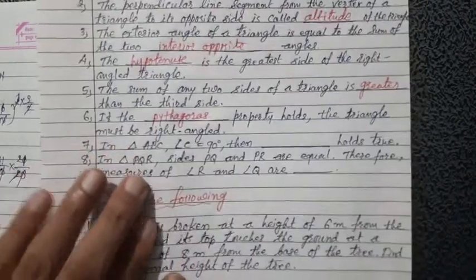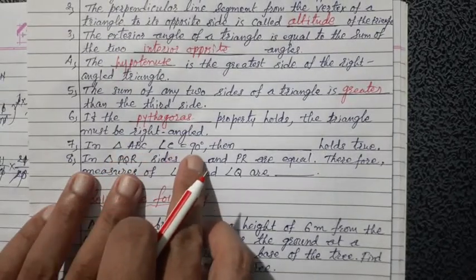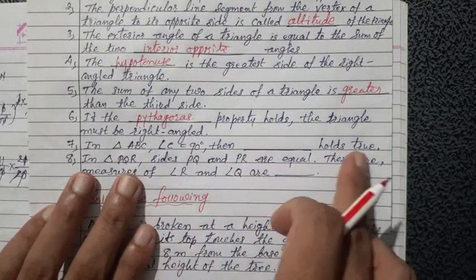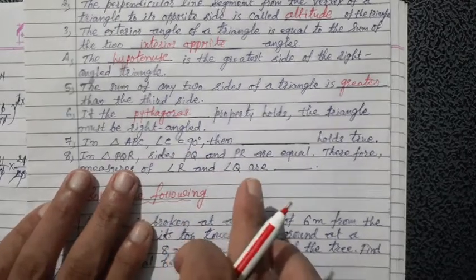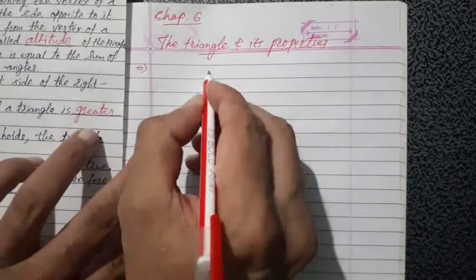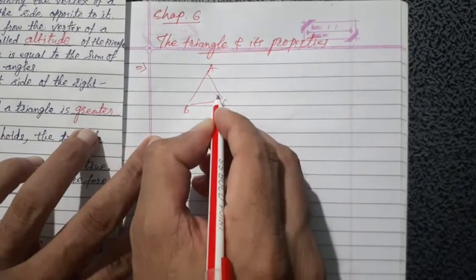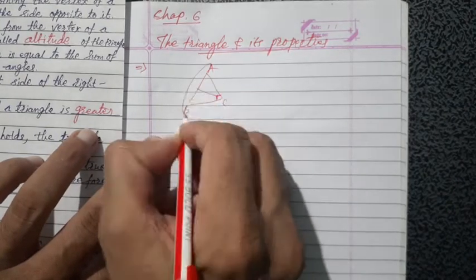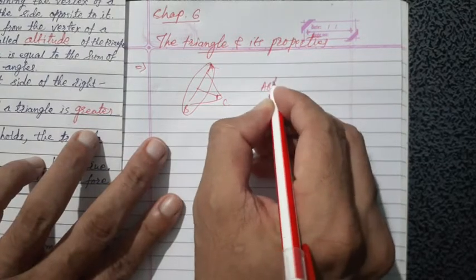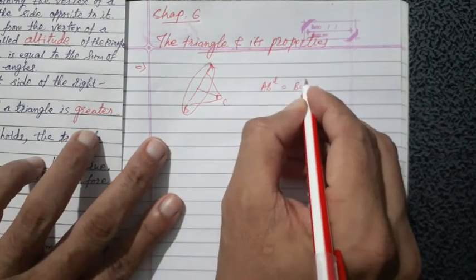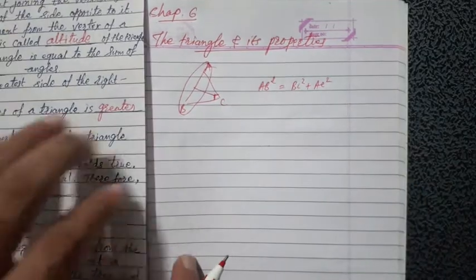Pythagoras property. Okay, in a triangle ABC, angle C is 90 degrees, then dash holds true. Look here, triangle ABC, C is 90 degrees, so the opposite side AB is the hypotenuse, and according to Pythagoras, hypotenuse square is the sum of the squares of the other two sides.